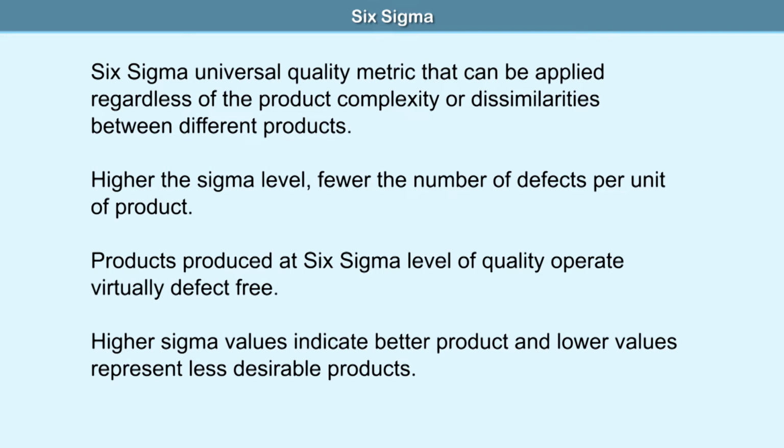6 sigma is a universal quality metric that can be applied regardless of the product complexity or dissimilarities between different products. Higher the sigma level, fewer the number of defects per unit of product.